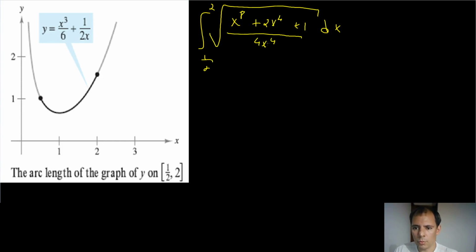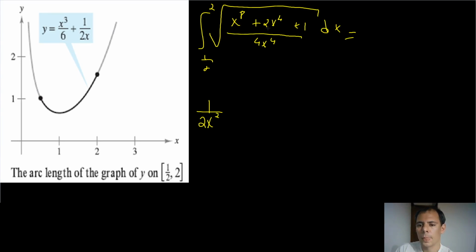So this is going to be 1 divided by 2x squared over here. So this equals 1 divided by 2x squared times the square root of the numerator here.